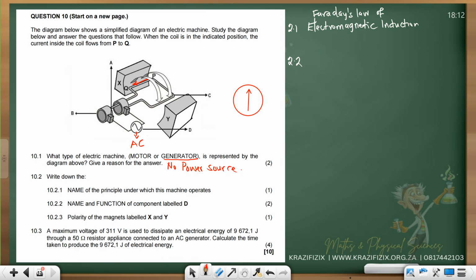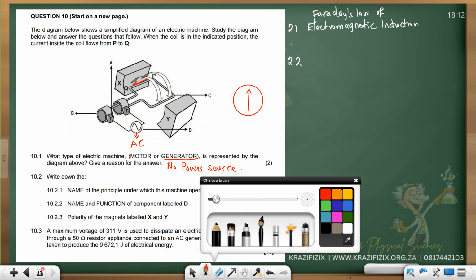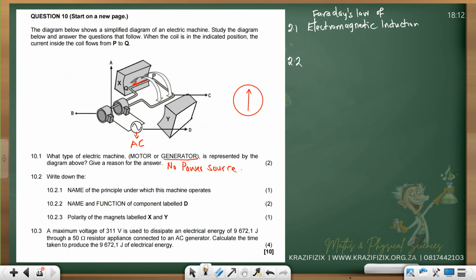It's an indication that it is producing AC current. So instead of a galvanometer, what can we call it? It indicates that AC current or alternating current is produced.